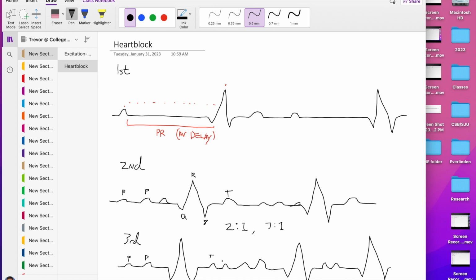Here's a T wave and then a triplet of P waves. Here's a T wave and then a single P wave. This, of course, is our QRS complex.